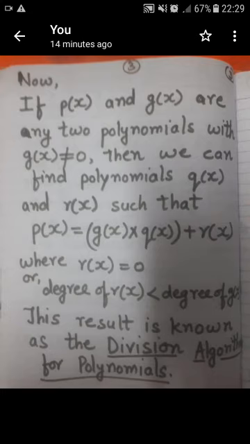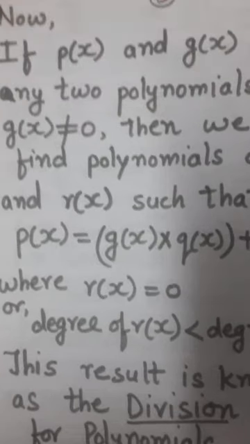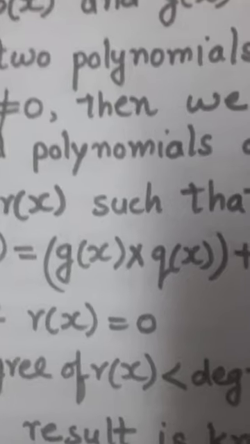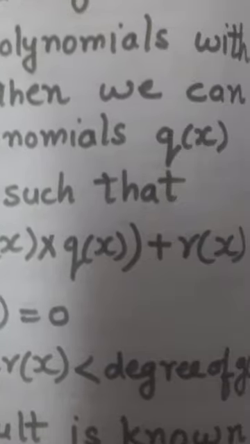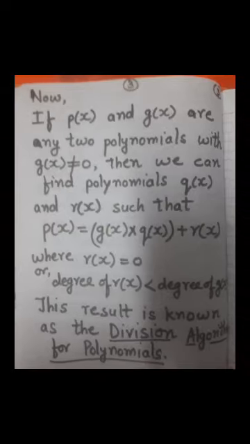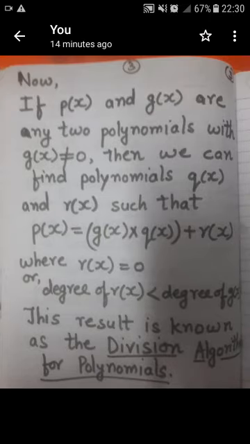It means p(x) is divided by the polynomial g(x), giving quotient q(x), and we add the remainder to the product of g(x) and q(x). Always remember that the remainder polynomial can be 0, or its degree will always be less than the degree of the divisor polynomial g(x). This result is known as the division algorithm for polynomials.